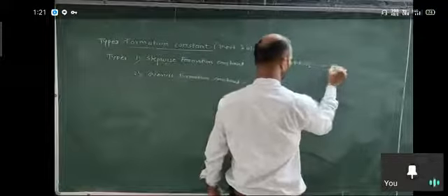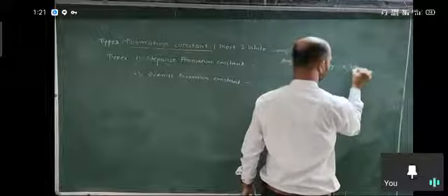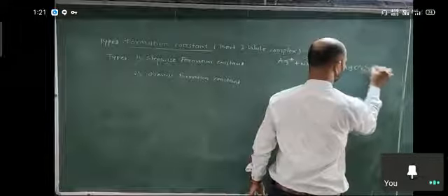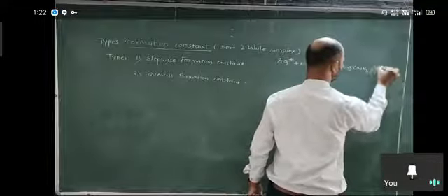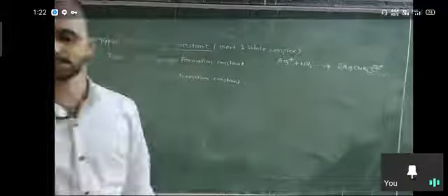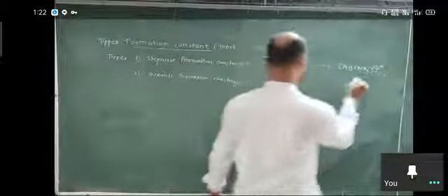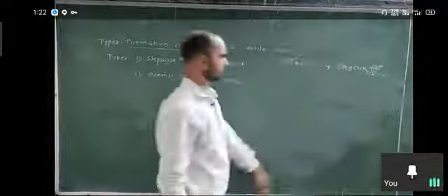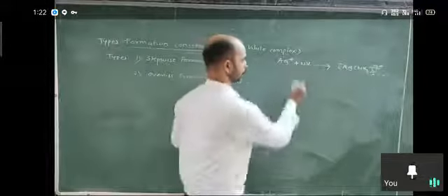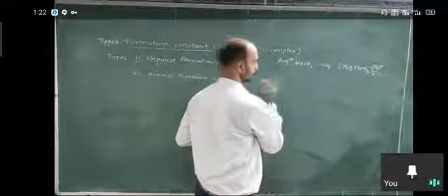What happened here? In the first step there is a formation of Ag plus NH3 twice, plus here is a 2. So how many NH3 molecules are required? 2 NH3 molecules are required.